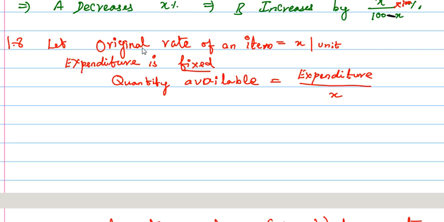So like this they will ask the question. So now I have used the formula by relating original rate and expenditure, the change in quantity, new quantity, and new rate. From that I have used one shortcut formula, so it is very easy to find the particular value, new quantity, new price, like this.